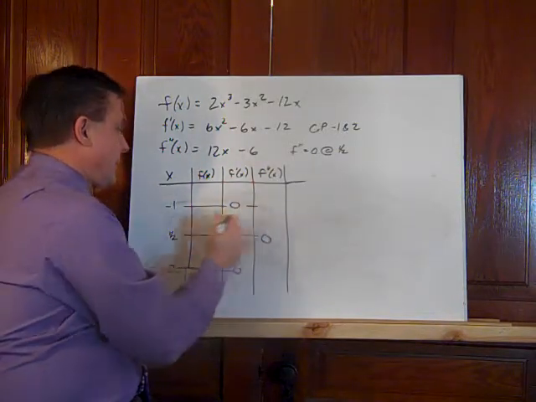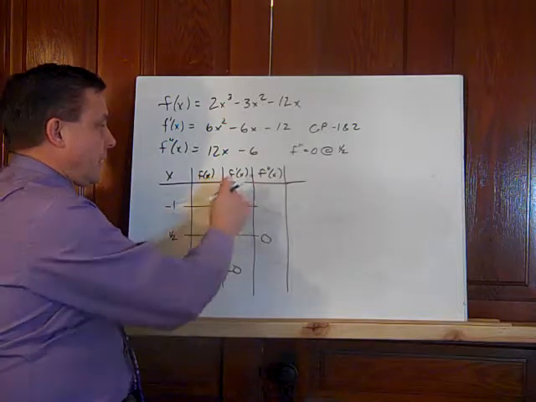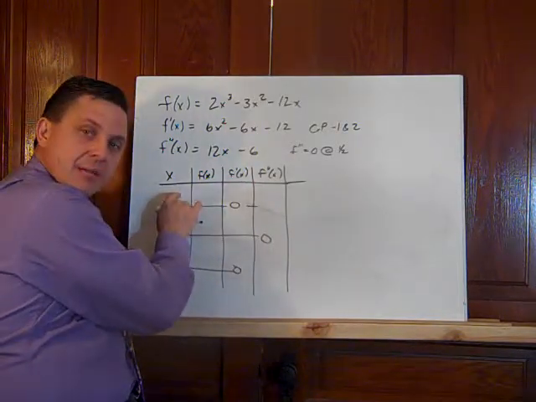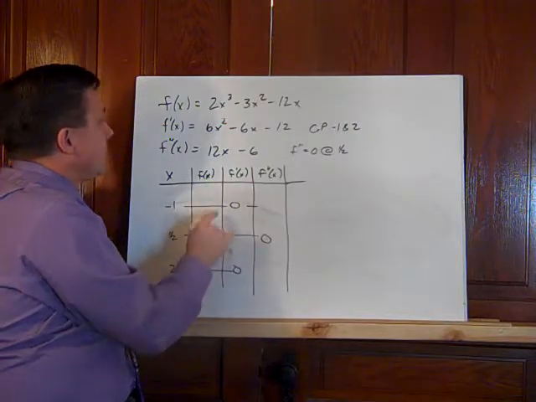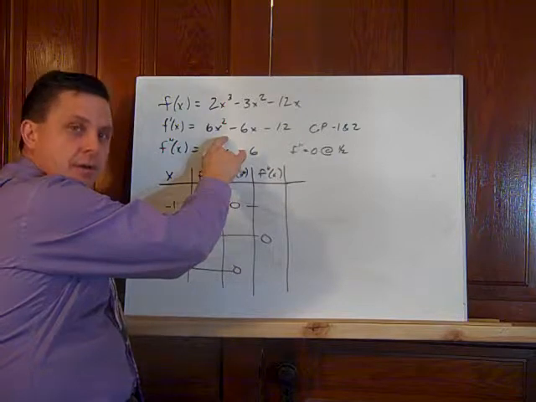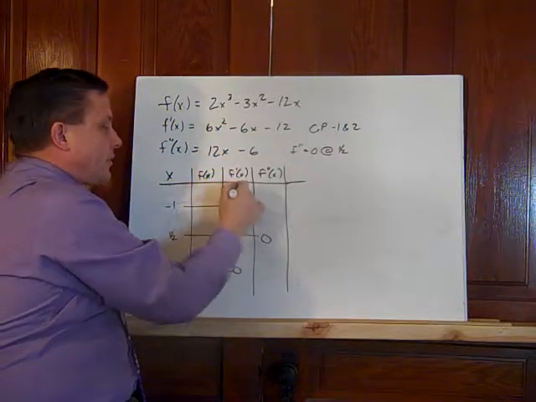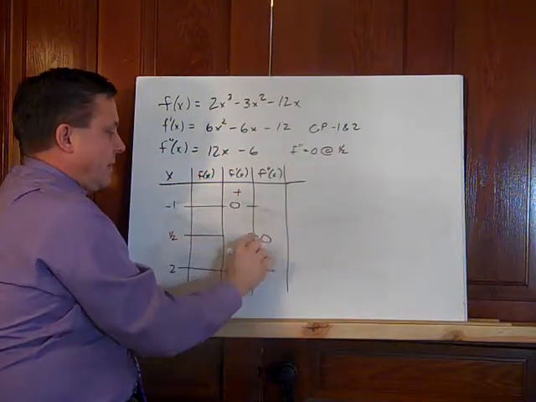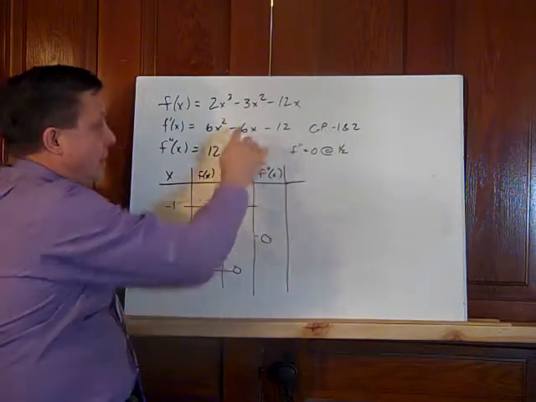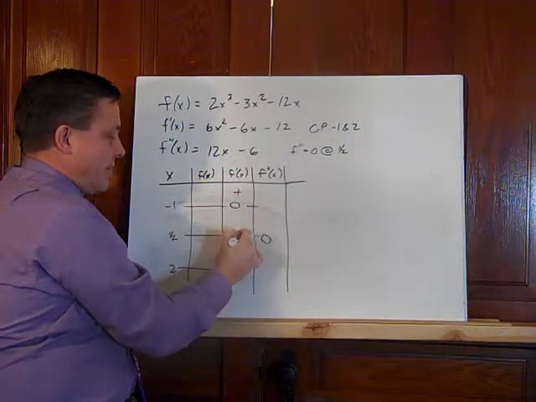So again, if I start with finding increasing and decreasing, I look to the left of -1. If I look left of -1 on this function, and I plug in like -100, I see that this function is positive. Likewise, if I look in between -1 and 2, and I plug a value in, I'll see that this value is negative.